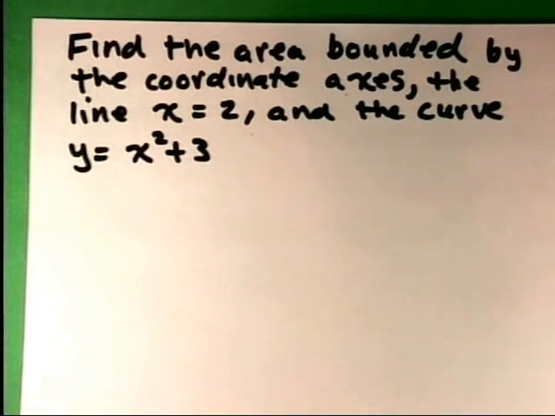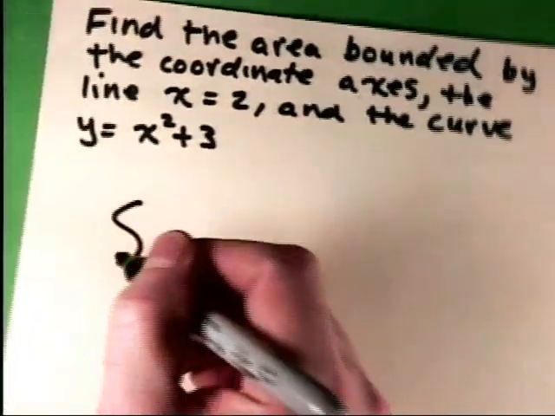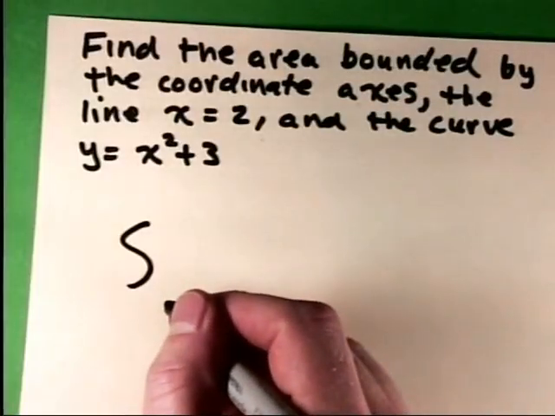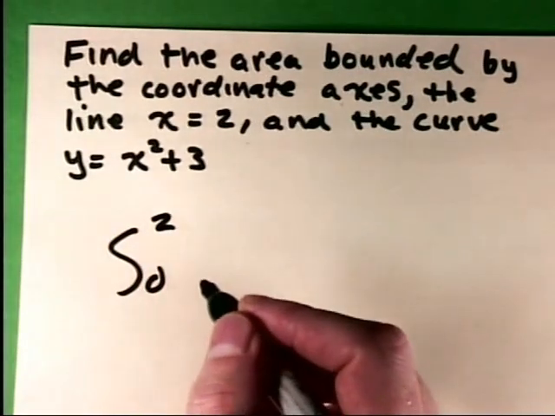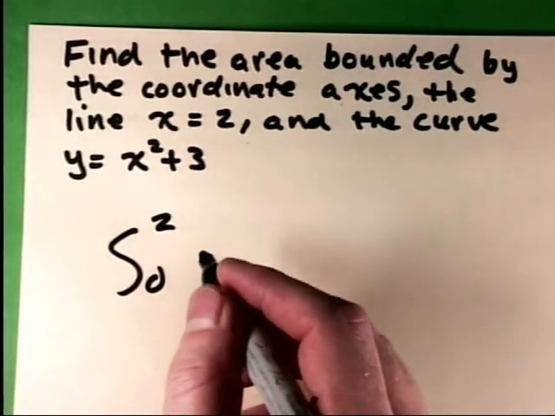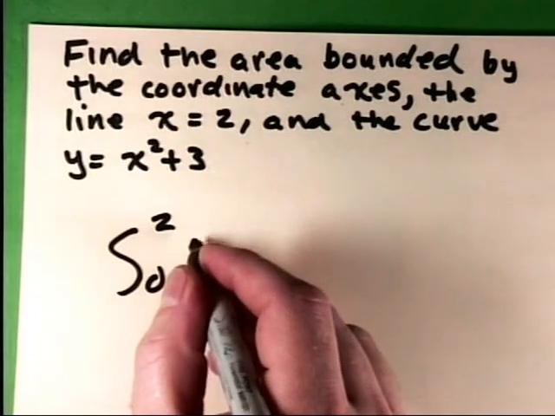Okay, so how do we want to set it up? Integrate from 0 to 2. Okay, from 0 to 2, great. Of the quantity x squared plus 3, dx.